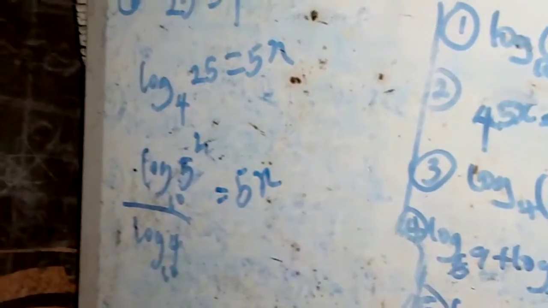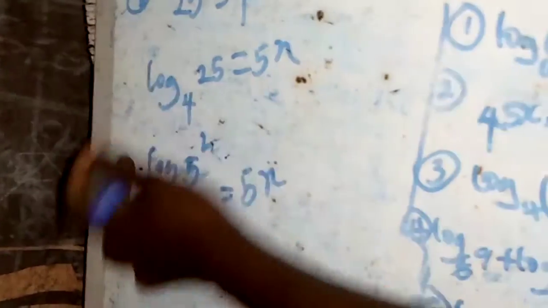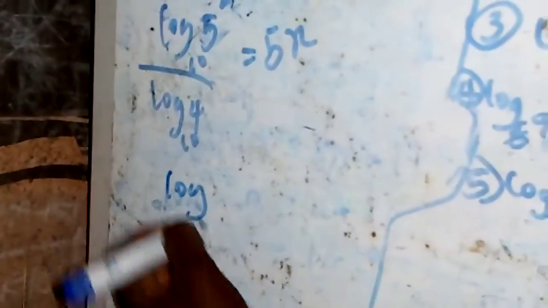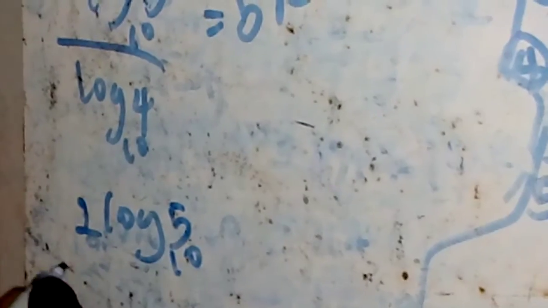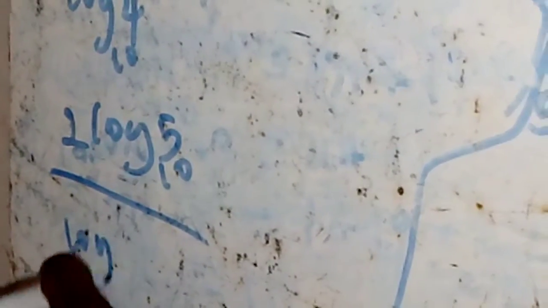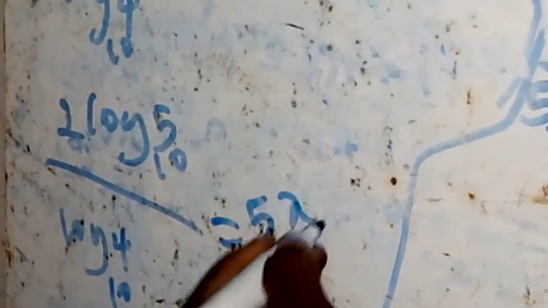So when we look for this log, bringing these two to this side, when you check the rules, the raising power comes to the front of the log, that's 5, then log 10 divided by log 4 base 10 equals to 5x. Let's pause.